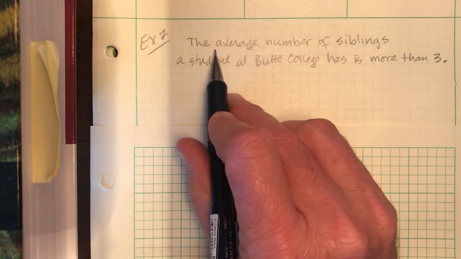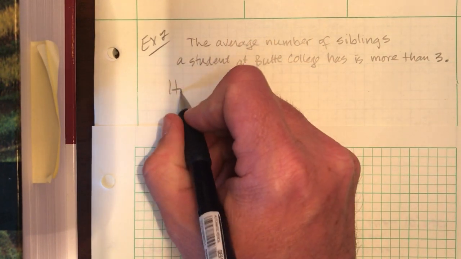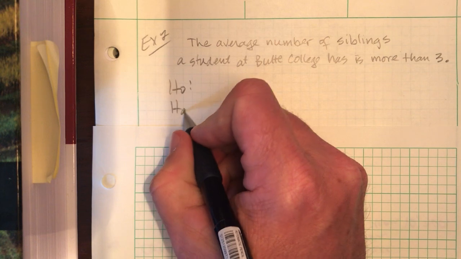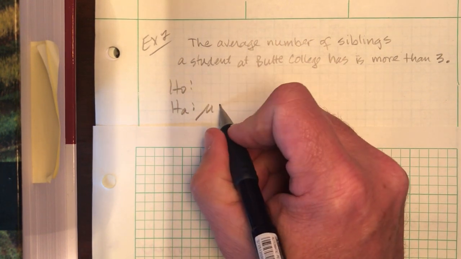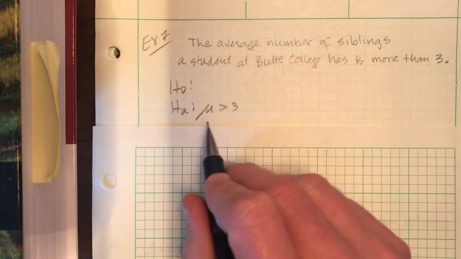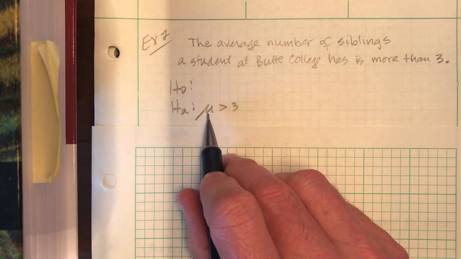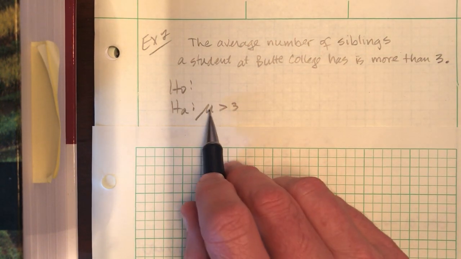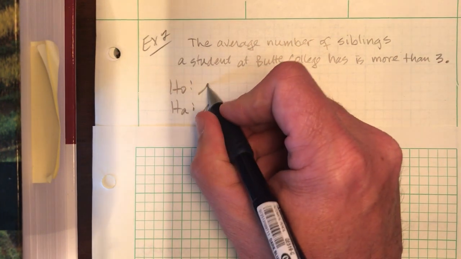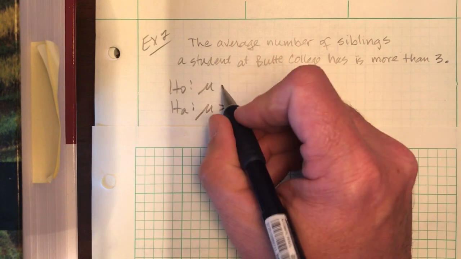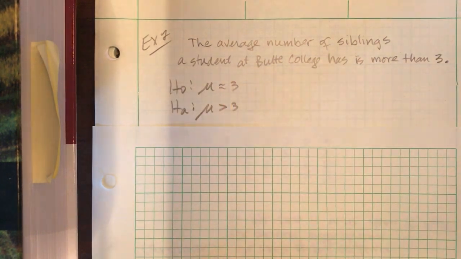Okay, well, the word average is clearly screaming at us. So as I set up my null and alternative statements, average says mu greater than 3. Again, we use the population symbol because we're saying the average for all students would be more than 3 siblings. The complement to that would be less than or equal to, but we'll just say this.